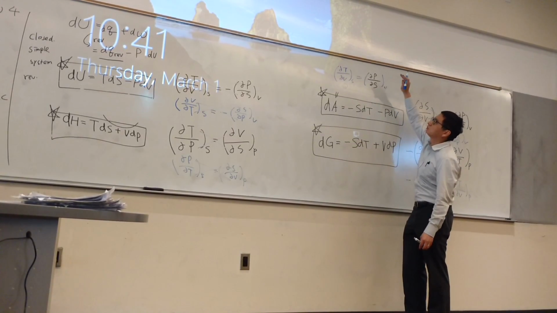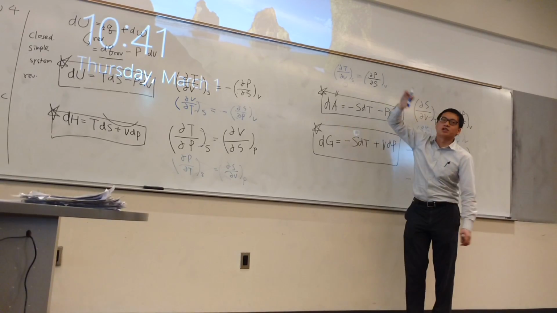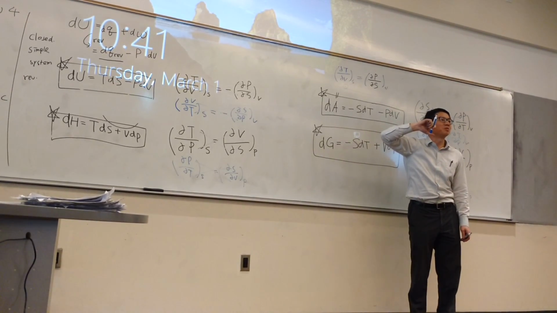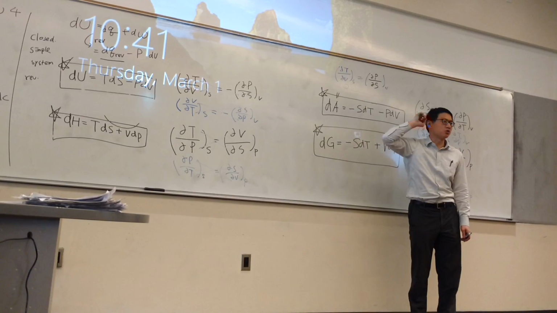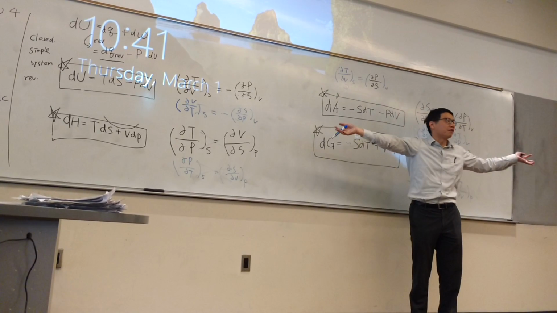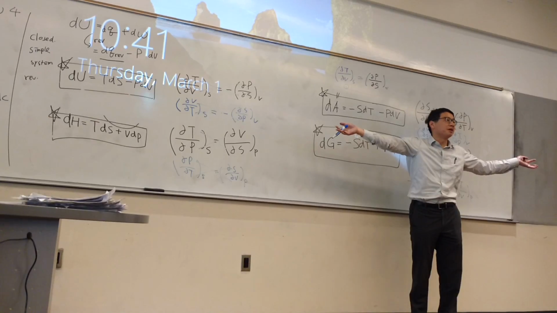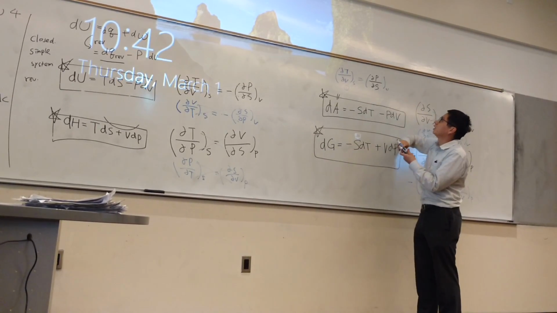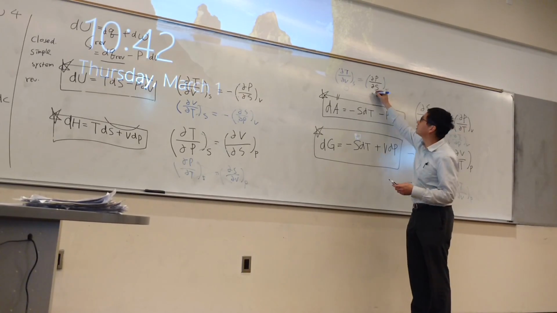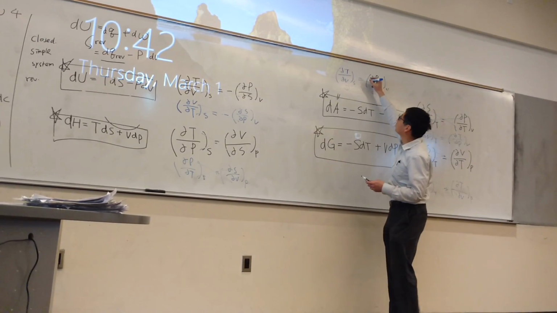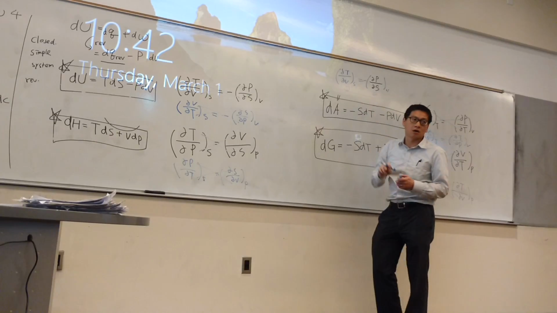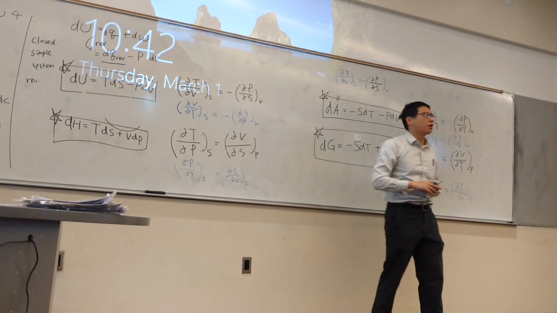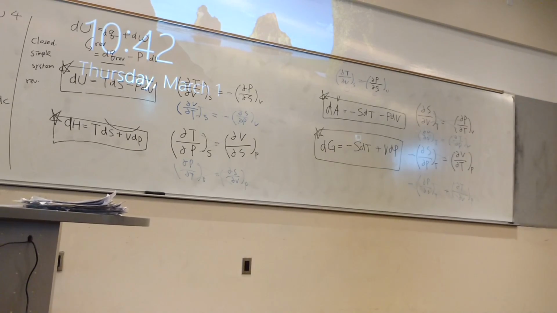If you have larger pressure, do you have larger or smaller entropy? Smaller, right? Larger volume means larger entropy, but P is inversely proportional to V, so larger pressure means smaller entropy. This is negative, so you need to put a negative sign in front. This is how you remember the Maxwell equations.